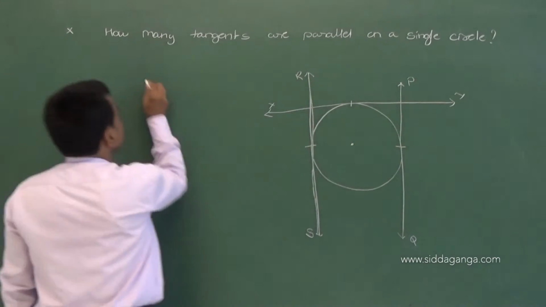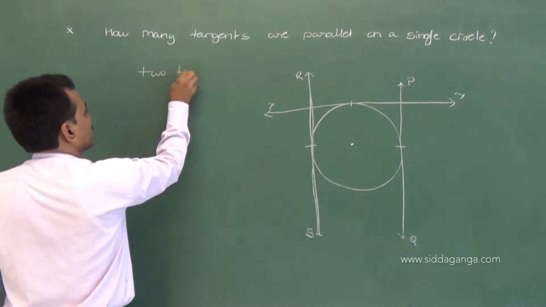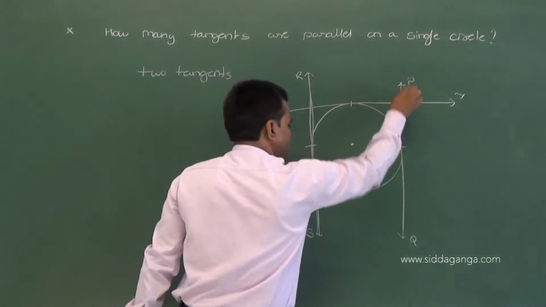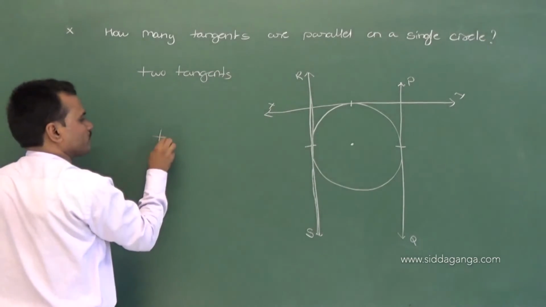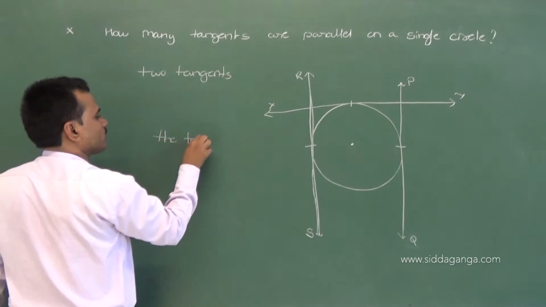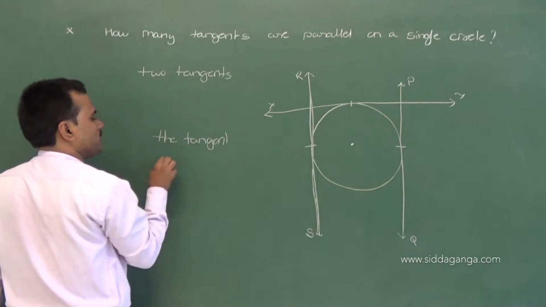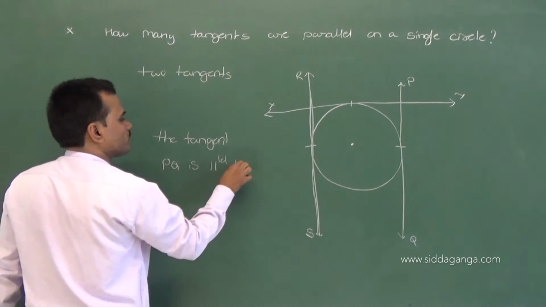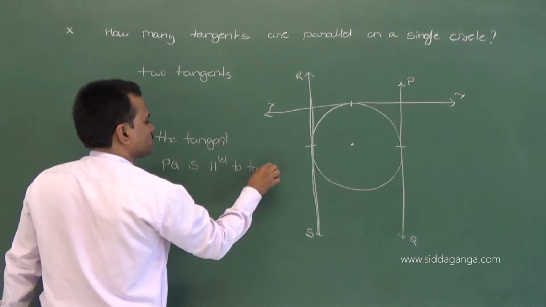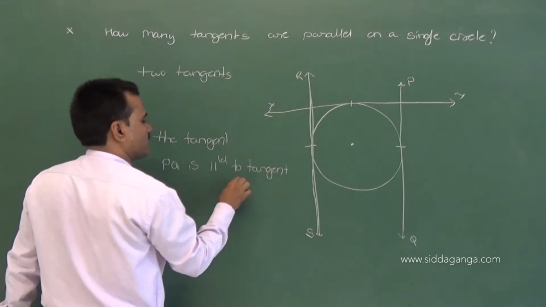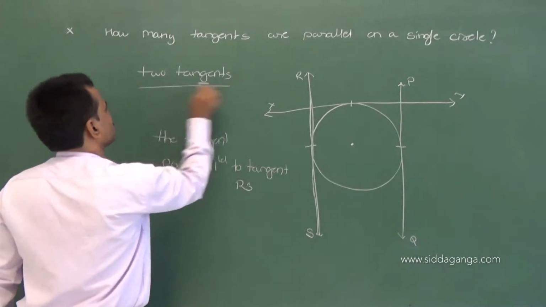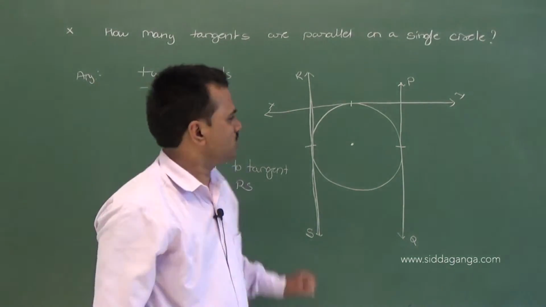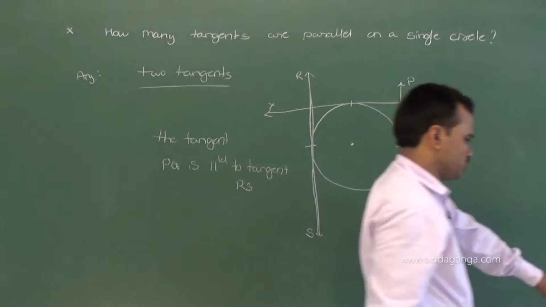It is only 2 tangents. The tangent PQ is parallel to tangent RS. The answer is 2 tangents.